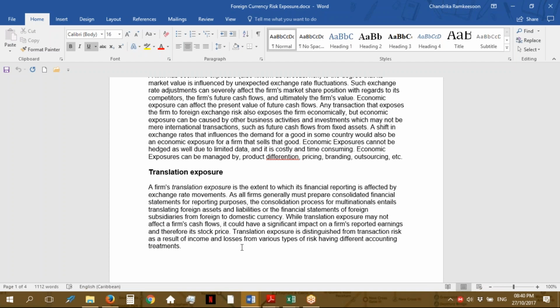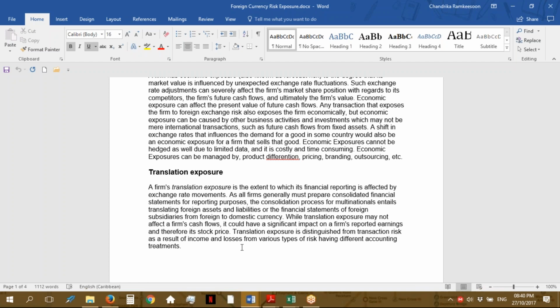For reporting purposes, the consolidation process for a multinational entails translating foreign assets and liabilities on the financial statements of foreign subsidiaries from foreign to domestic currency. While translation exposure may not affect a firm's cash flows, it could have a significant impact on a firm's reported earnings and therefore its price.